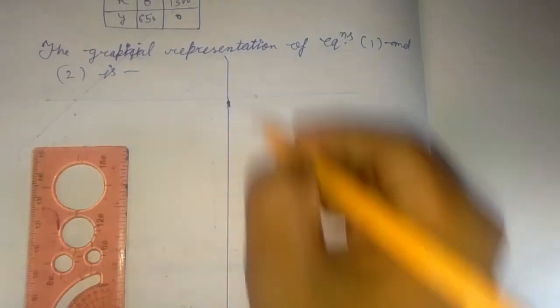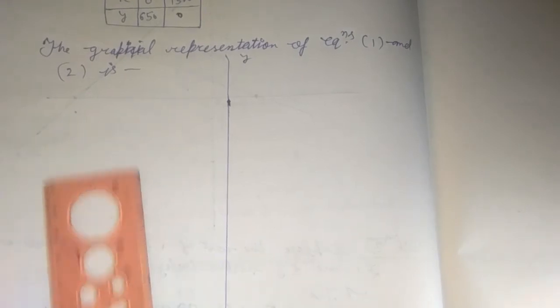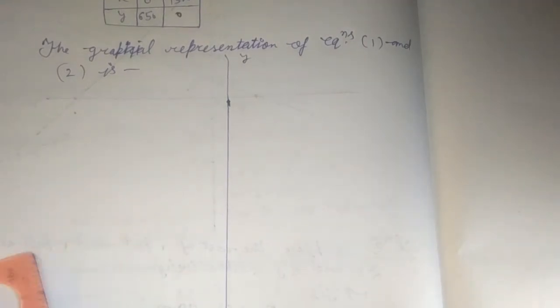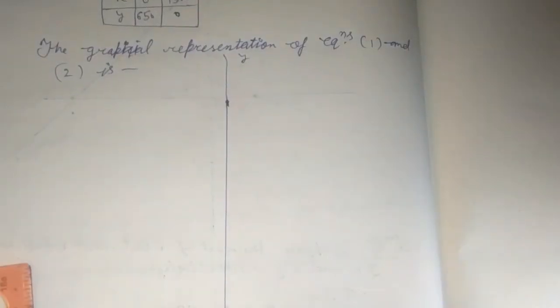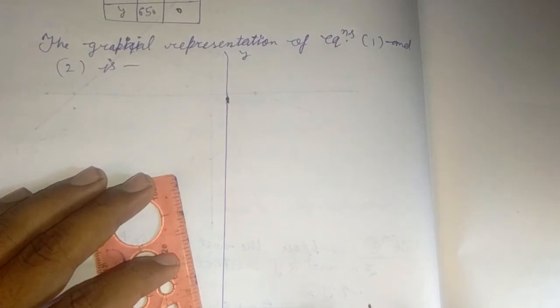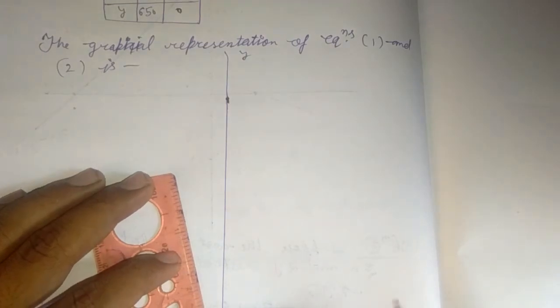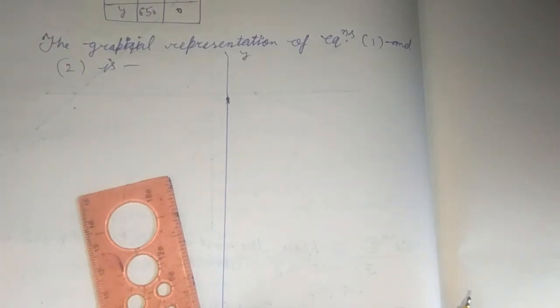It is the x-axis, it is the y-axis. Okay, we take along the x-axis 1 centimeter is equal to 200. Okay, 1 centimeter is equal to 200 means, or you can say 1 unit is equal to 200.